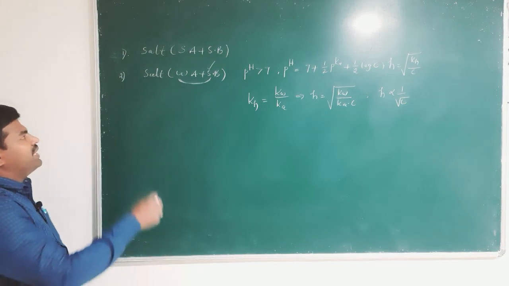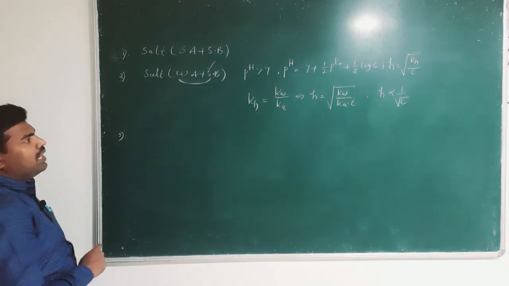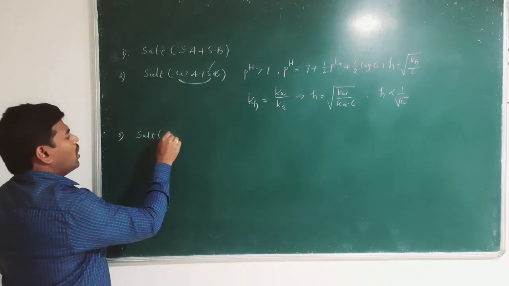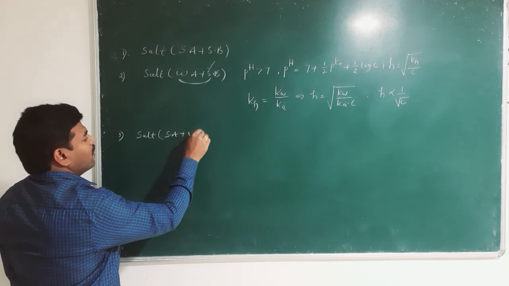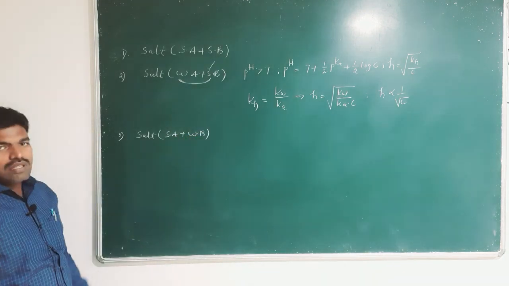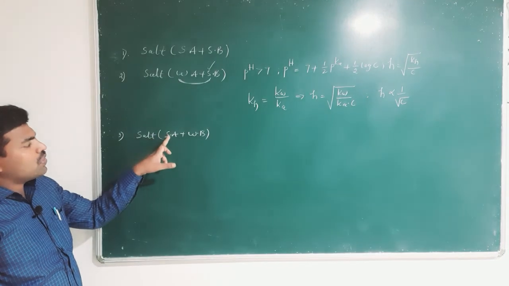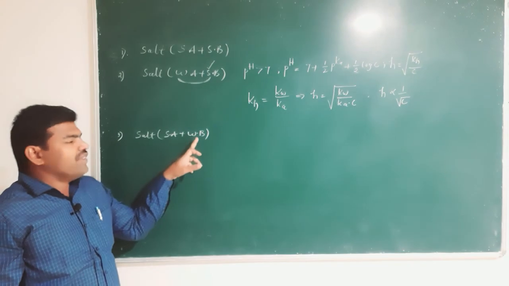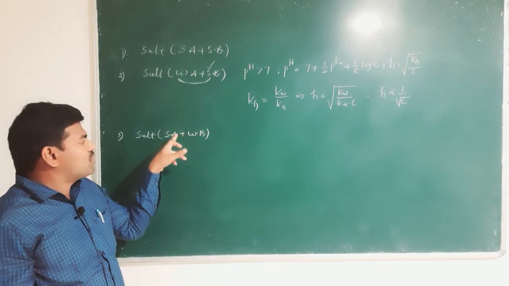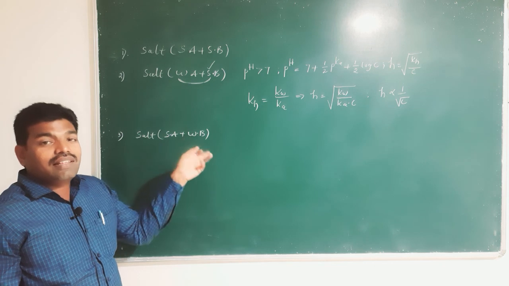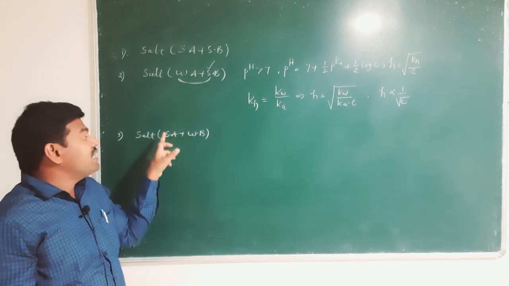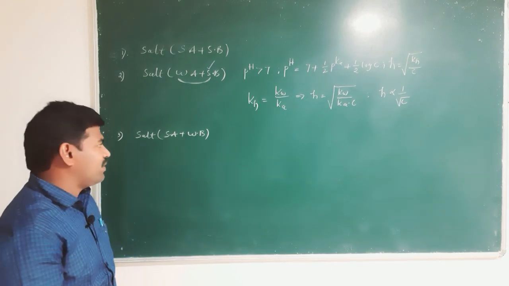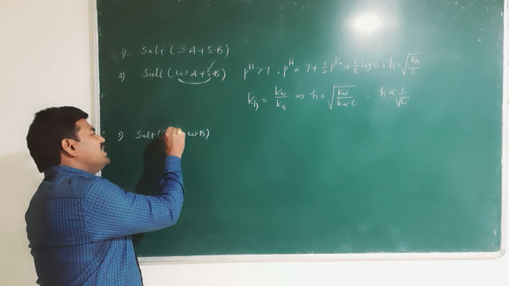And the third point is salt derived from strong acid plus weak base. Salt derived from strong acid and weak base. Okay, so when we hydrolyze the salt derived from strong acid and weak base, the resulting solution is acidic in nature, because here the acid is strong.